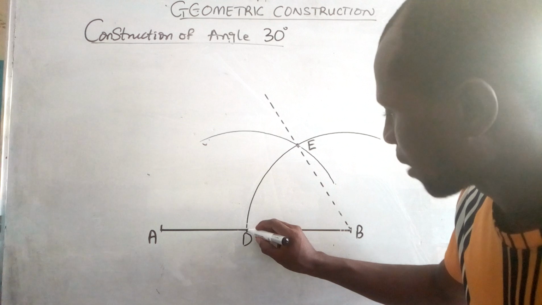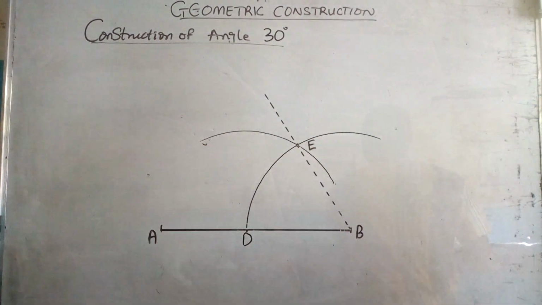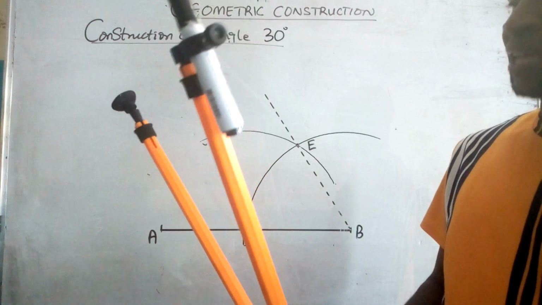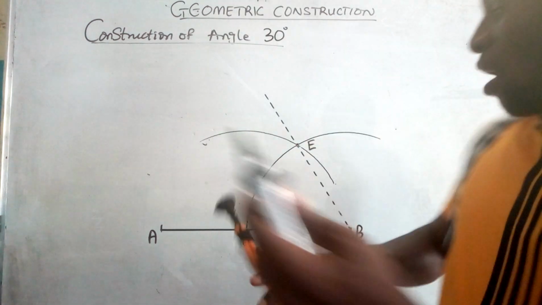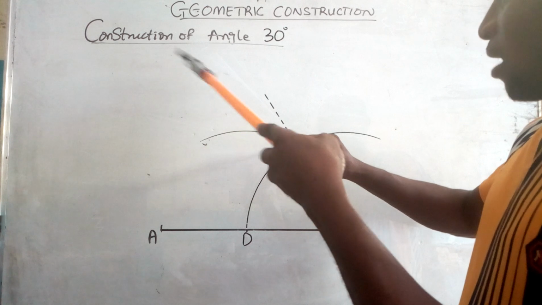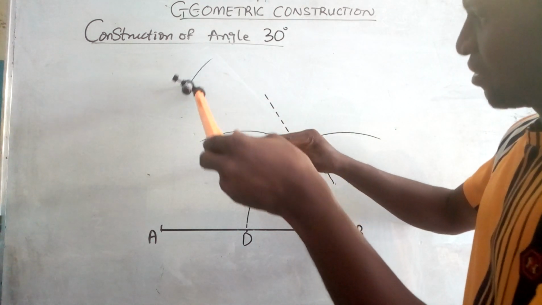Taking D as the center and also E as the center with my convenient radius. Now I can extend this at the convenient radius, that's the radius of my choice. Then I'll place it first of all at E and draw an arc.